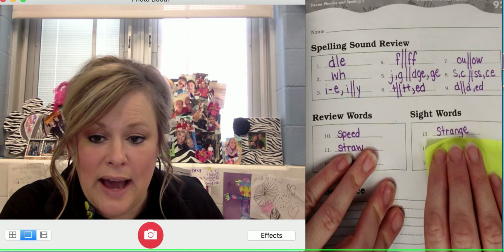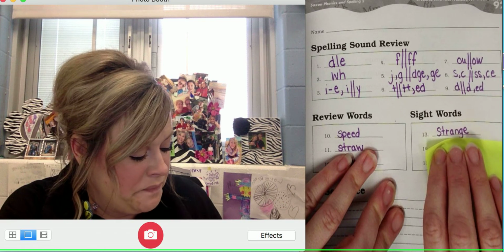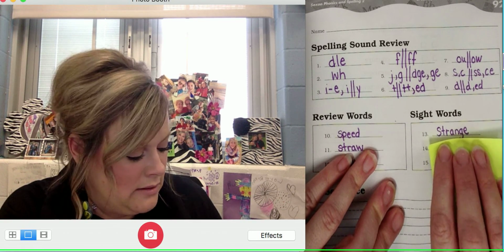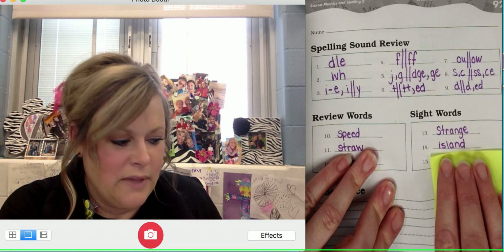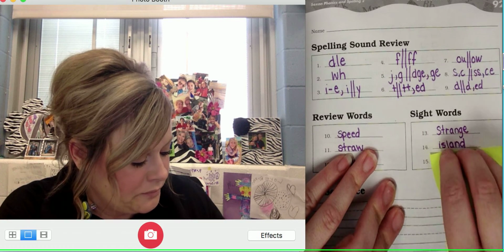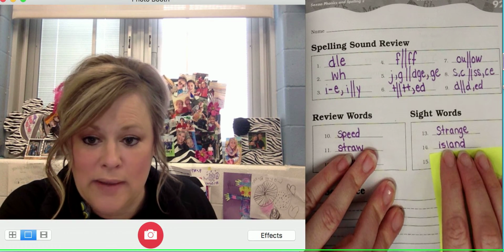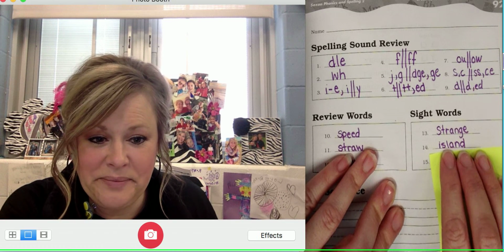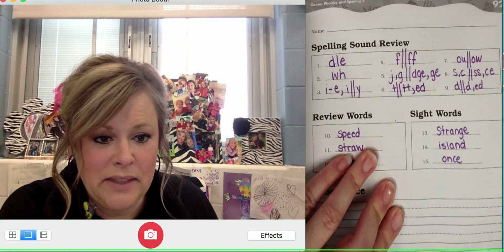Next is the word island. Repeat. Good. When I was little, I always said island to help me spell it. Island is spelled island, I-S-L-A-N-D. And number 15 is once, like once upon a time. Once. Looks like that.